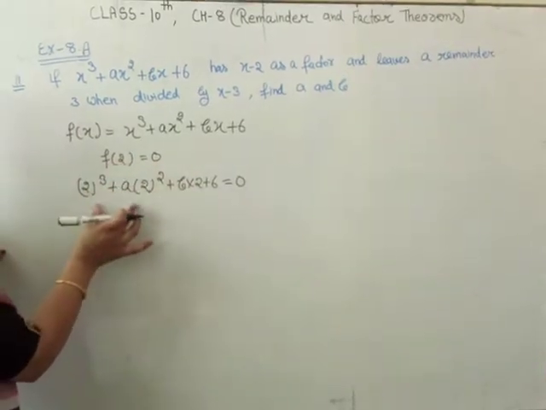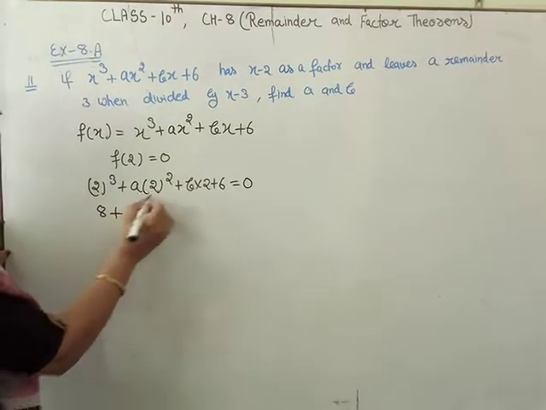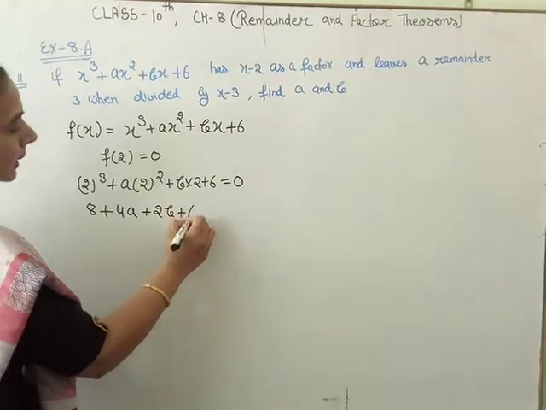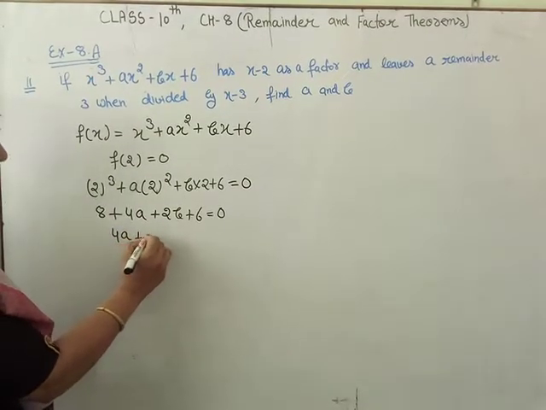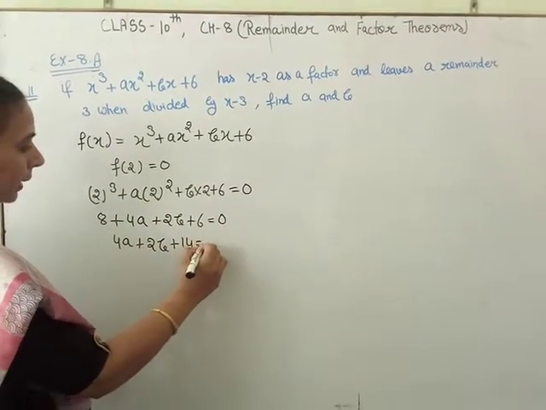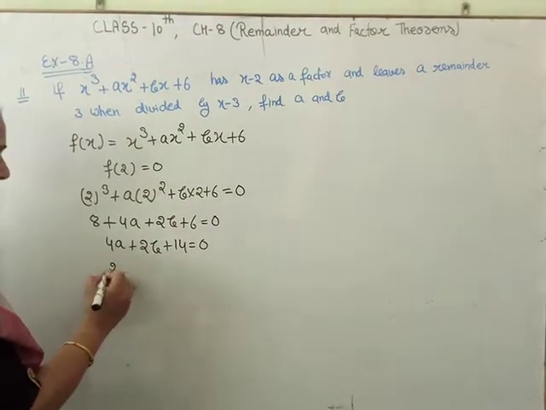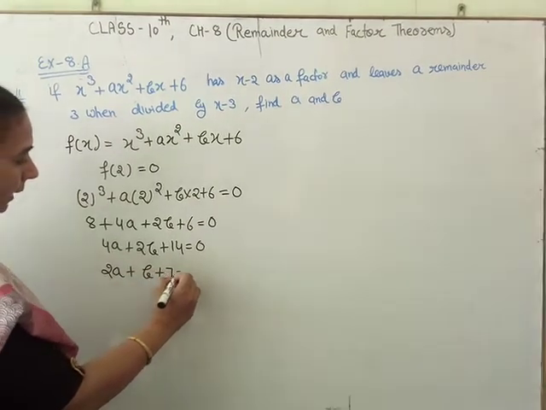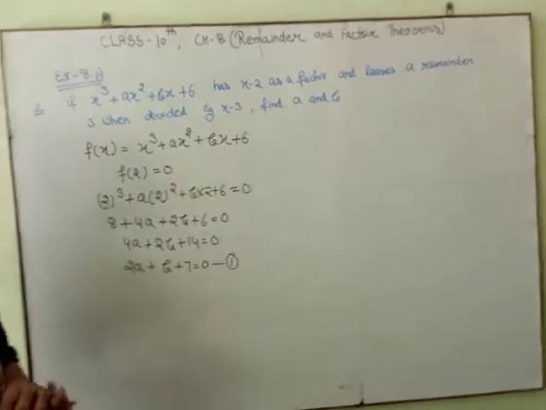Again 8 plus 4a plus 2b plus 6 equal to 0. Again 4a plus 2b, 8 plus 6, 14 equal to 0. Okay, now we cancel 2 throughout, then 2a plus b plus 7 equal to 0, and this is equation number first.